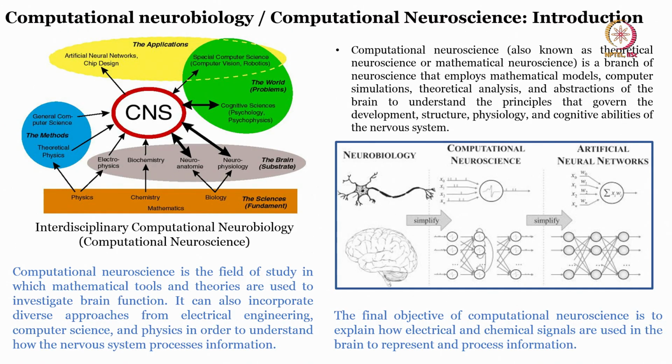So when you talk about computational neurobiology, the applications are many. In the center, if you say CNS, which is computational neuroscience, then the fundamentals, that is the basic science, include physics, chemistry, math, biology.